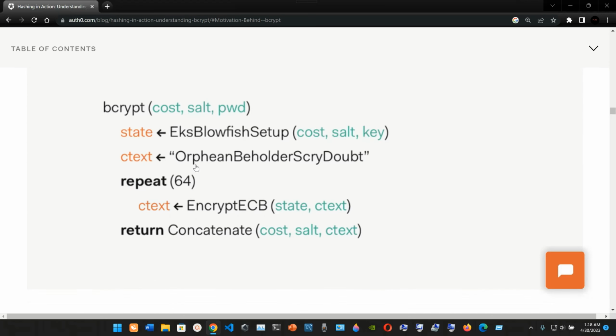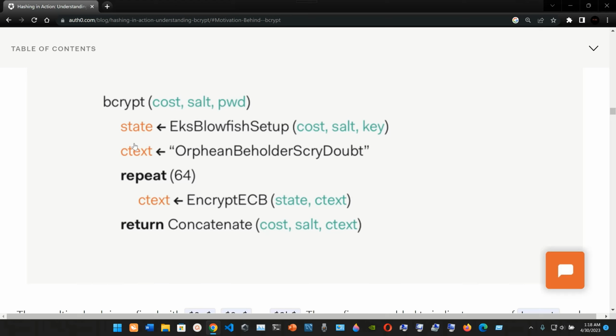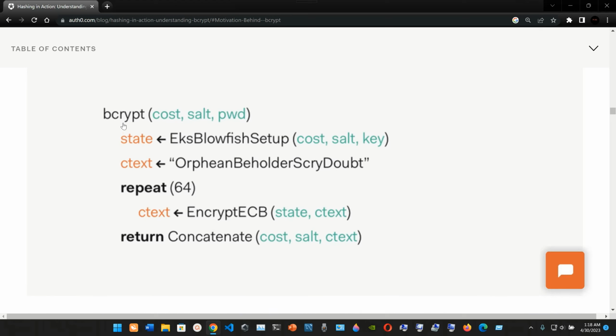And here we have this picture. In this image we can see Bcrypt taking the cost, the salt, and the password. We have the state, and we have the EksBlowfishSetup that takes the cost, the salt, and the key. We have the ctext, OrpheanBeholderScryDoubt, repeated 64 times, encrypted in ECB mode.